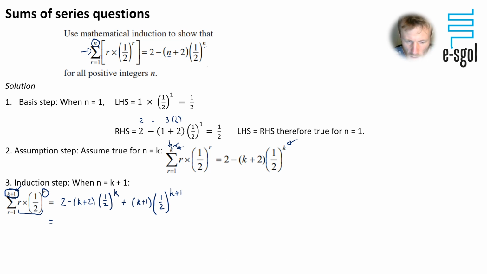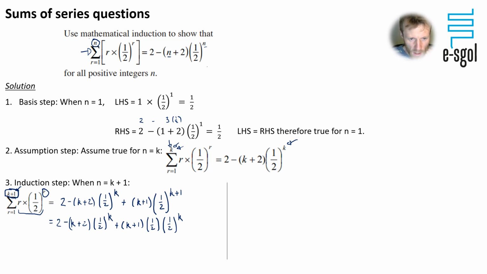I think what I have done is I'll just keep this as 2 minus k plus 2 times a half to the power of k plus k plus 1 times, and I'll break this power of k plus 1 up as 1/2 times 1/2 to the power of k.